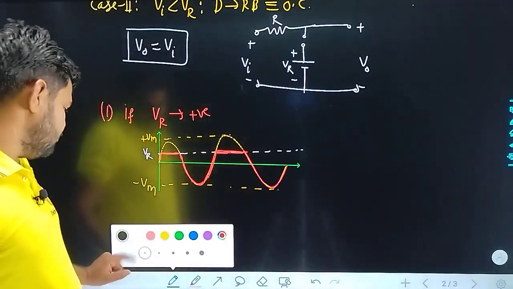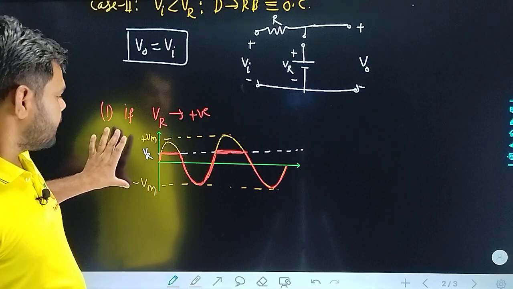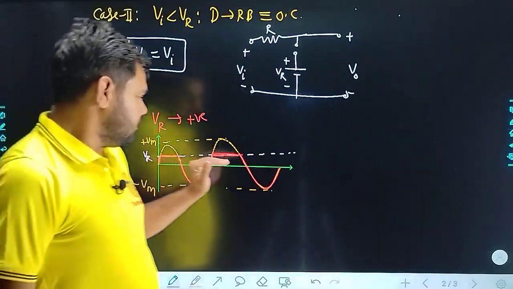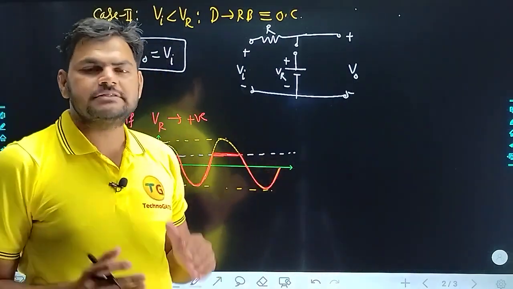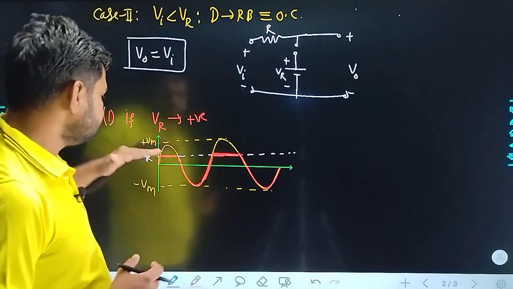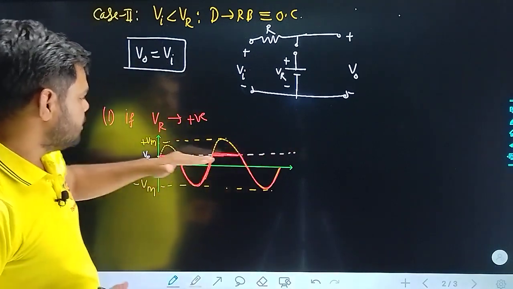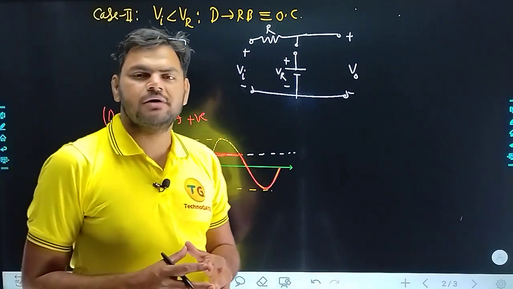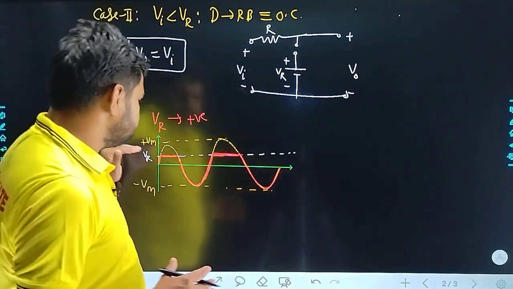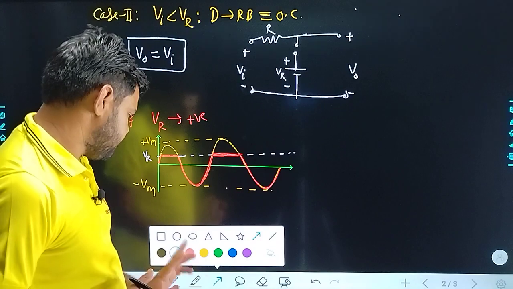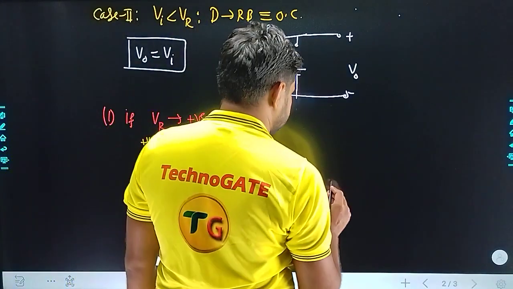So what we have seen over here is that the input waveform is clipped above the reference voltage. Whatever the value of input voltage above the reference, it simply gets clipped. This is the simple thing that we have observed.